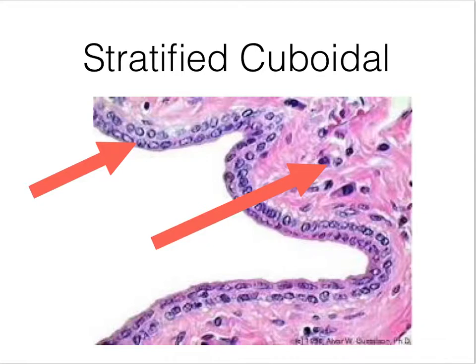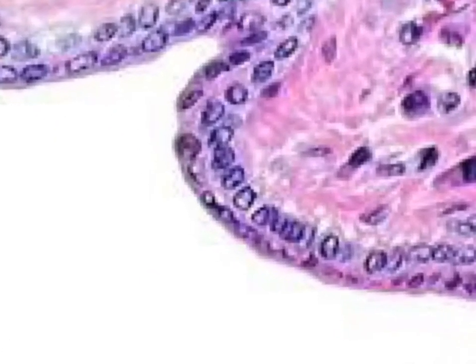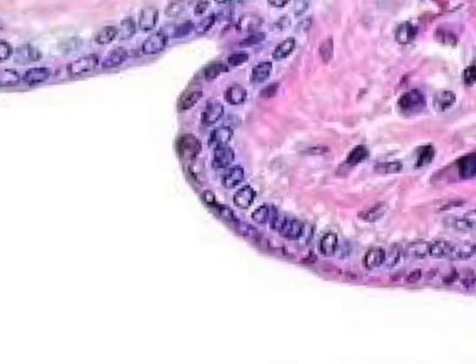Now, how can you identify this as stratified cuboidal epithelium? Well, if we zoom in here just a little bit, you can see that each of these is a cell with a nucleus.